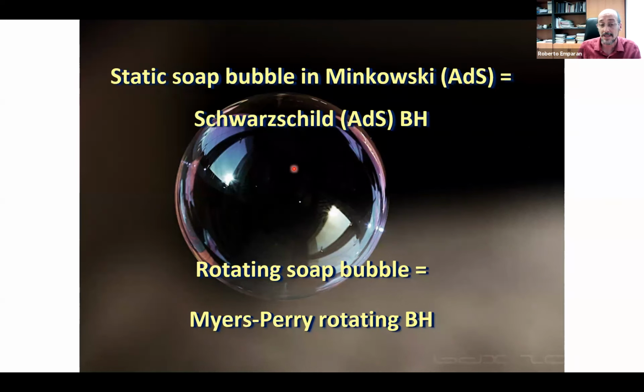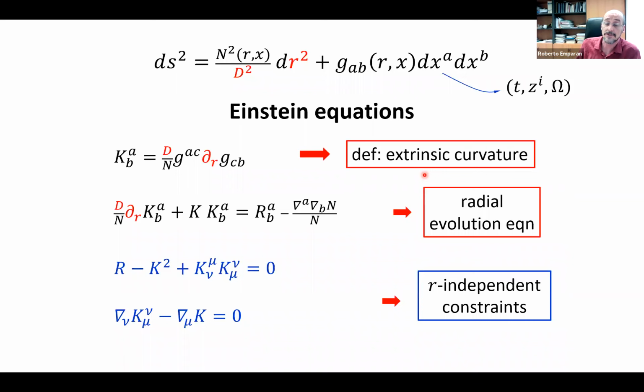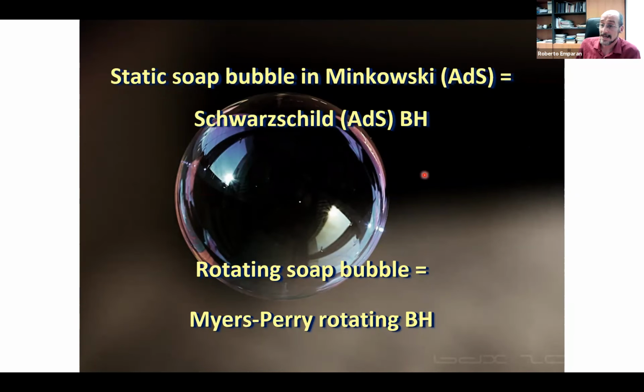We want to study what happens to these soap bubbles or these membranes as we make them dynamical, if we let them have non-trivial dependence on time. Then the analysis of the equations becomes more complicated than what I've shown you here, but it can be done.